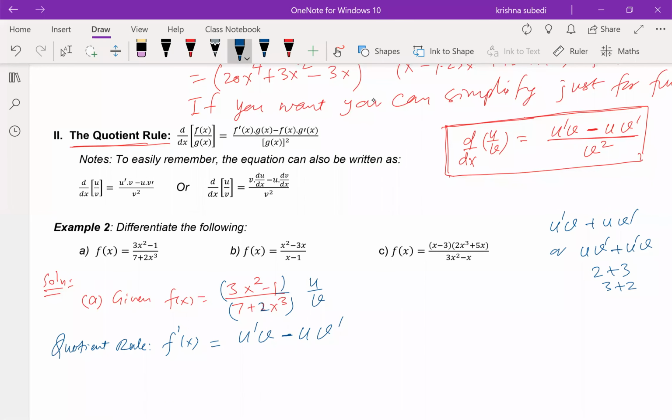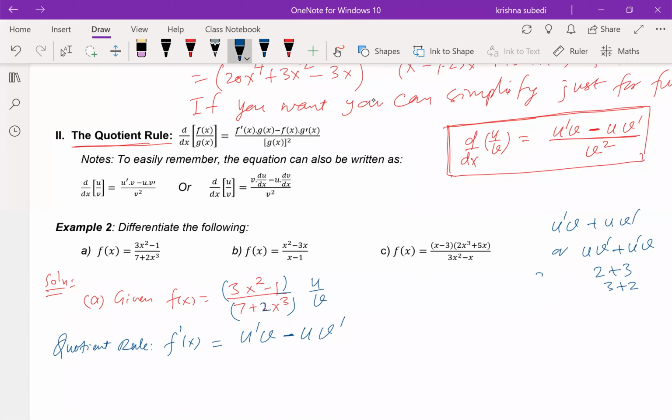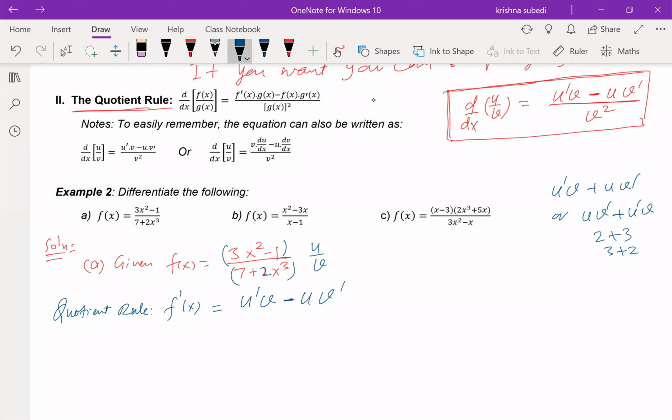But in the case of the quotient rule, it's minus. So 2 minus 3 and 3 minus 2 are different things. So please pay attention to that, okay? In the exam, sometimes people just mess up the formula. So keep that in mind. You always need to do the derivative of the numerator first, and then the derivative of the denominator in the second part, over v squared. So this is the formula.